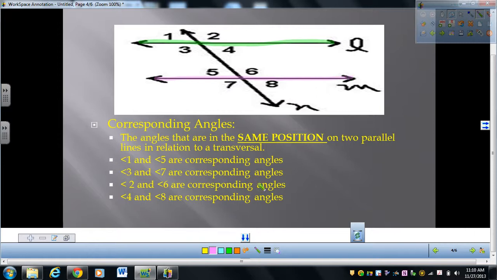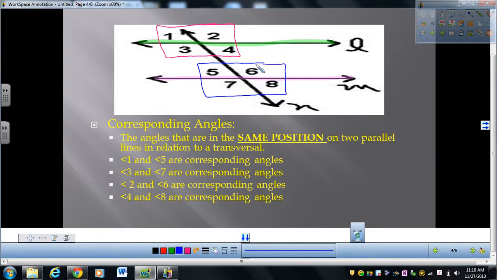And basically what this is saying is that you've got this line here that's separate from this line, and you're looking for the ones that are in the same position. So here I've got this group on this parallel line, and then I've got this group on this parallel line.